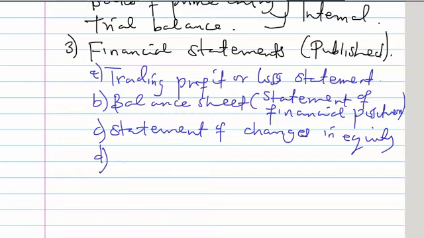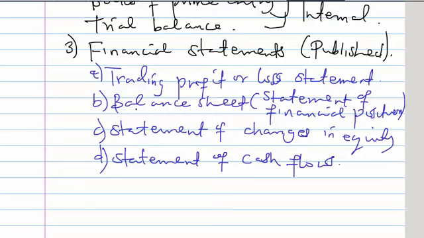And finally, there's what's known as a statement of cash flows. So for the purposes of your syllabus, this and that are going to be critical, and then we'll look at these in a bit much more detail later. So for now, I need you to ensure that you're okay with this.